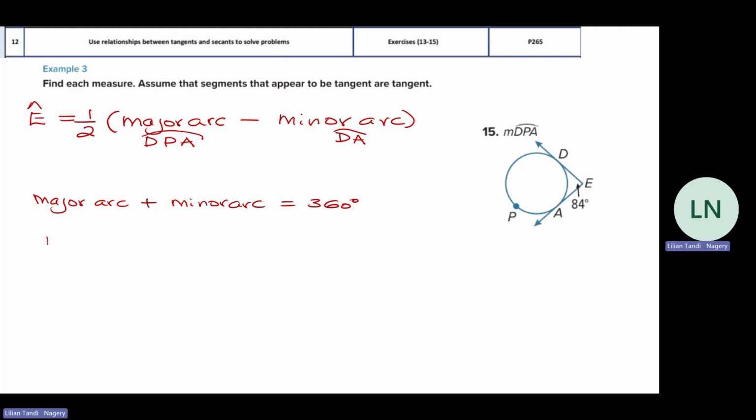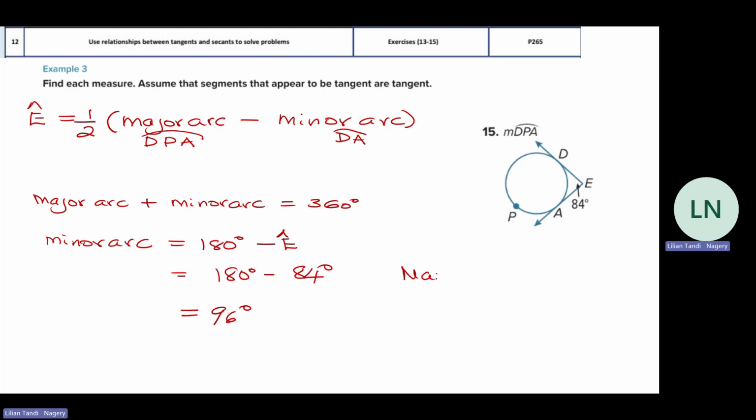So you know that minor arc equals 180 degrees minus angle E, okay? So this is 180 degrees minus 84 degrees. That should give me 96 degrees, okay?